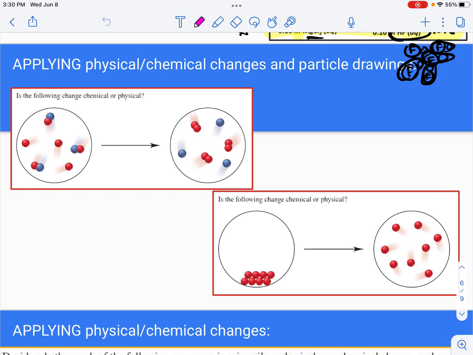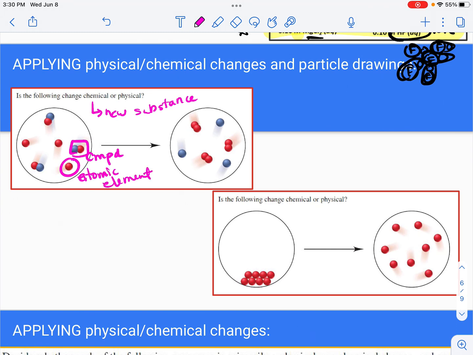So the first one, if you stopped and restarted now, wants to know if it's a chemical or a physical change. Remember that a chemical change means that we have new substances formed. Either we have elements formed that used to be compounds, or we have compounds that are now new compounds, etc. So if it's a chemical change, we have new substances. Notice that in here we have this, which is a small compound, and we have this, which is an atomic element.